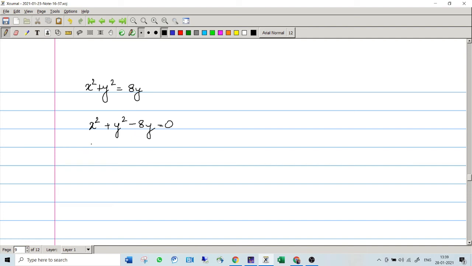And by completing the square, how will we do that? You can view it as minus 2 times 4 times y plus 4 square, which is 16, on both sides. So you have x square plus (y minus 4) whole square is equal to 4 square. What kind of graph will it depict?